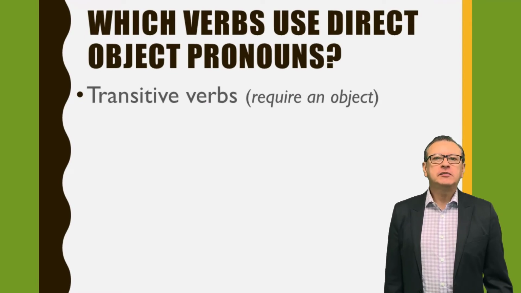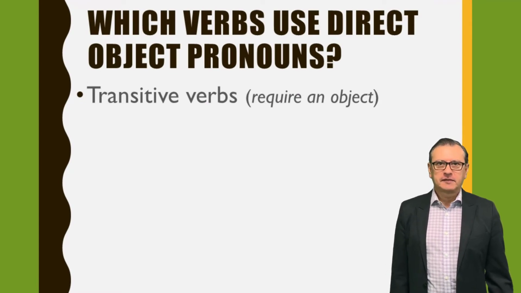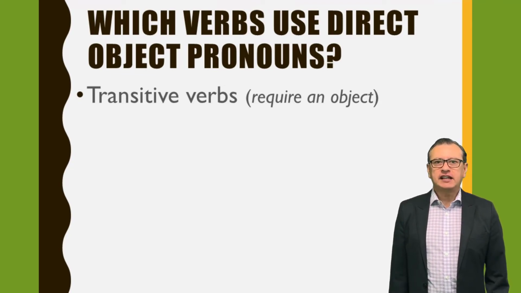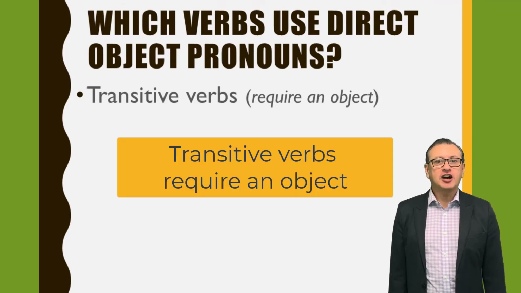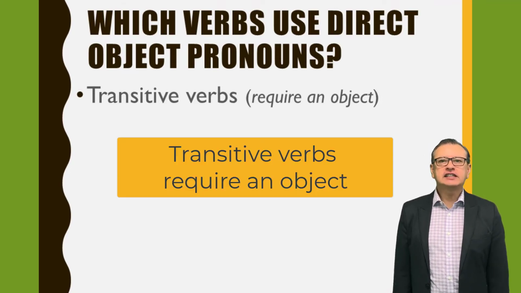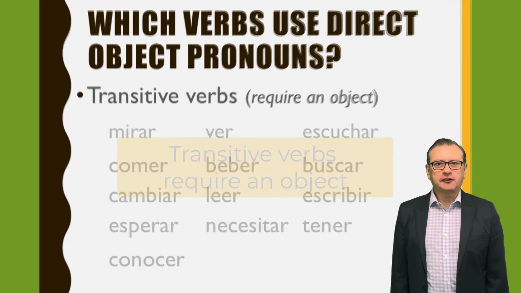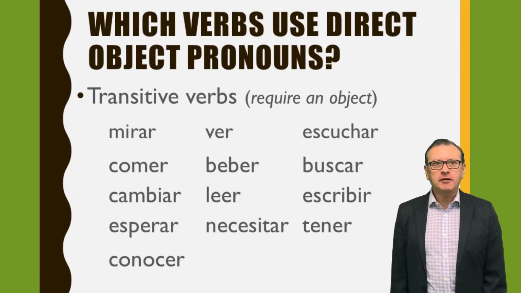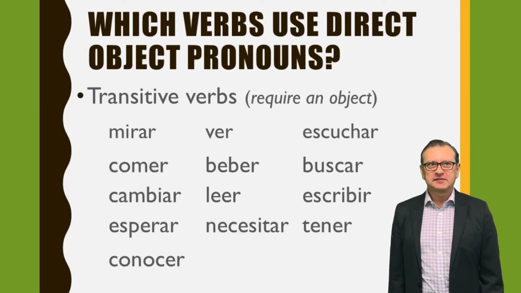These pronouns can only be used with transitive verbs. They cannot be used randomly. They have certain rules. A transitive verb is that verb in Spanish or in English that requires an object. Take a look at this list. The following verbs, if you notice in Spanish, all of them will require an object. Let me go through the list.